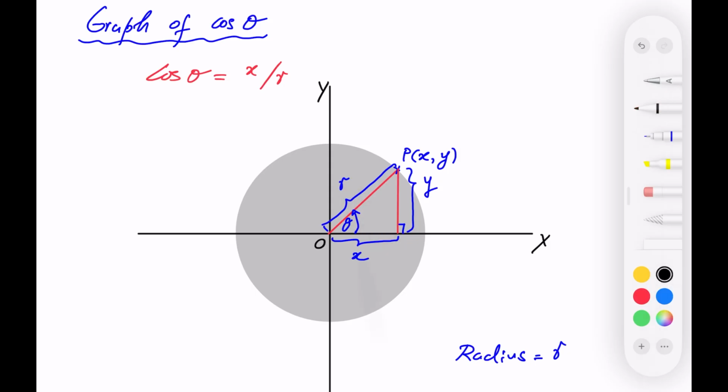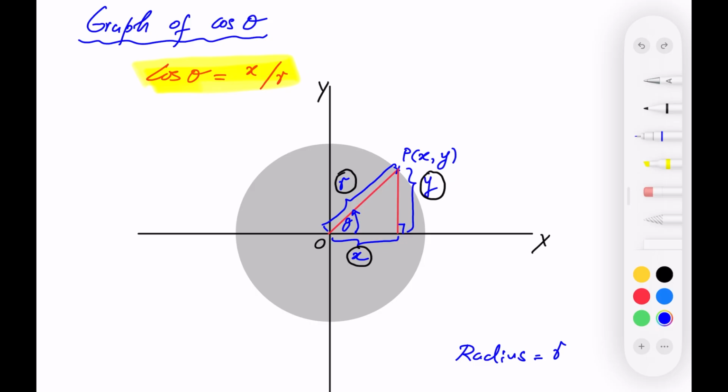We have seen this circle of radius r several times in the past. Therefore, this is not anything new. When you have that set up, we can easily write down cosine theta as x over r, because we know that cosine theta is defined as adjacent divided by the hypotenuse.